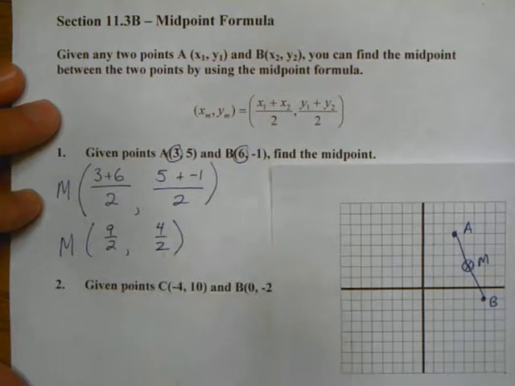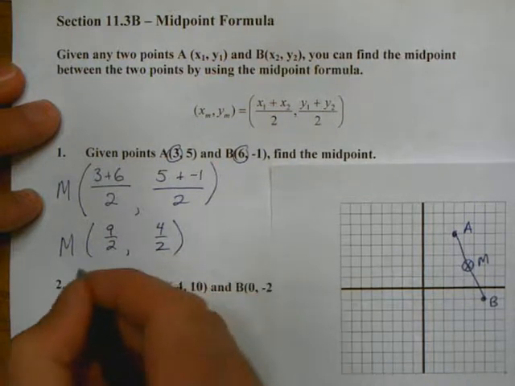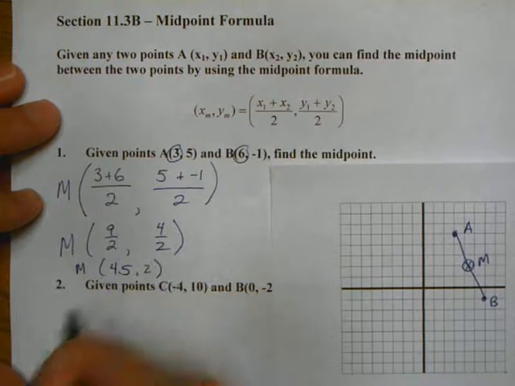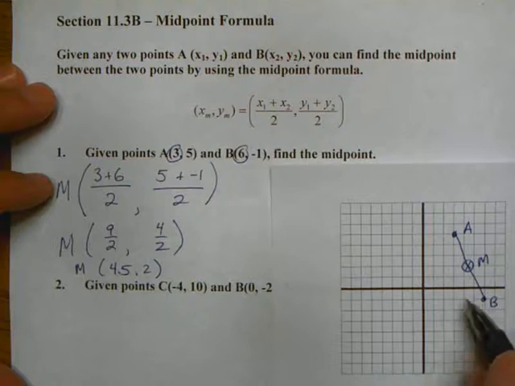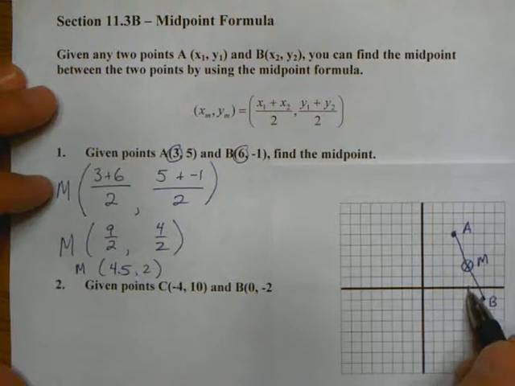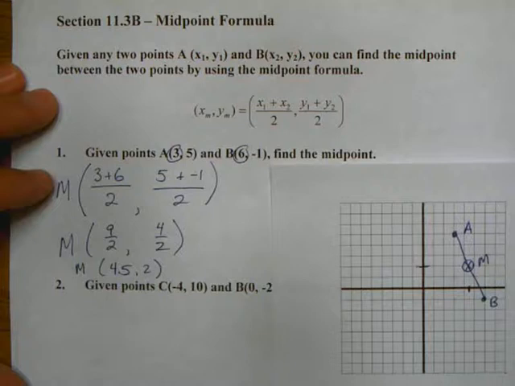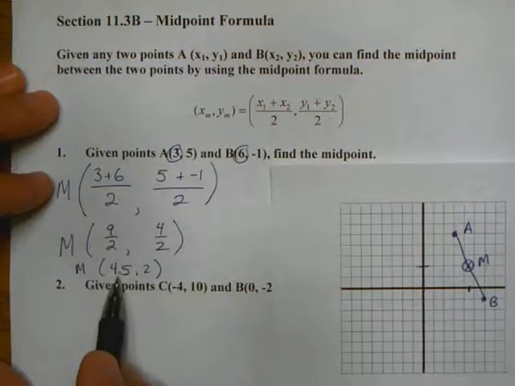So my midpoint is 9 halves and 4 over 2. Or simplified, very simply, my midpoint is 4.5, comma 2. And as I look at my graph, it seems like my midpoint is about that, 4.5, comma 2.